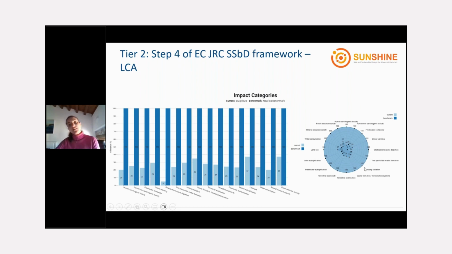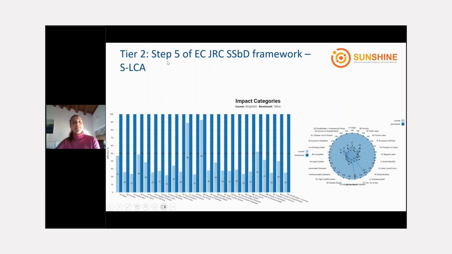On the right side, you can see the radar visualization of the same result. In the case of social LCA, you can see that the innovative material is performing better than the benchmark, and you have both the visualization as histogram and as radar.